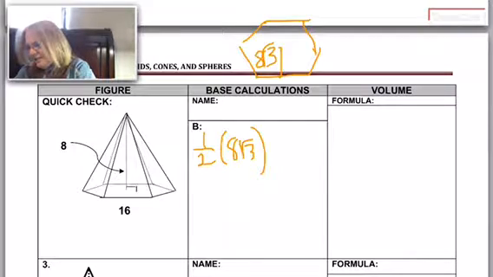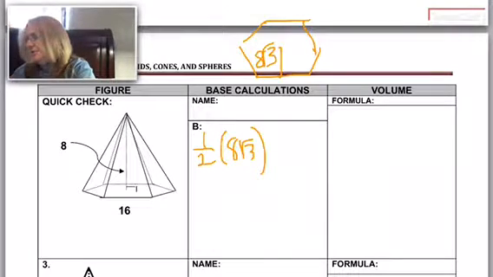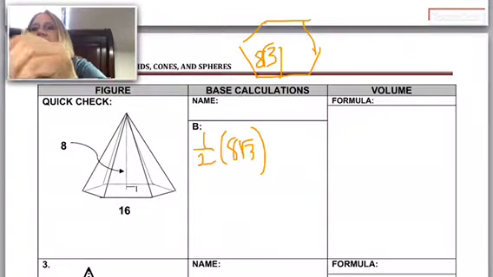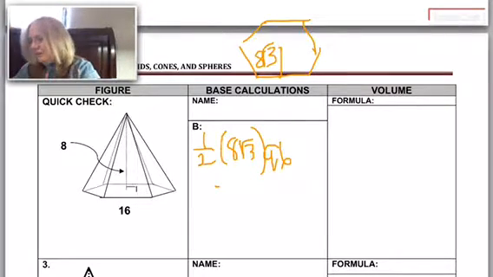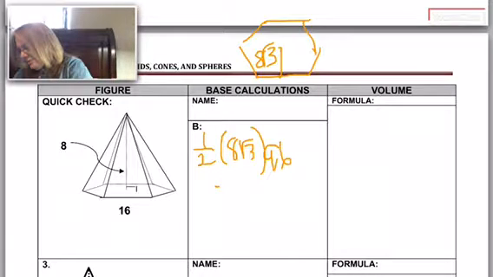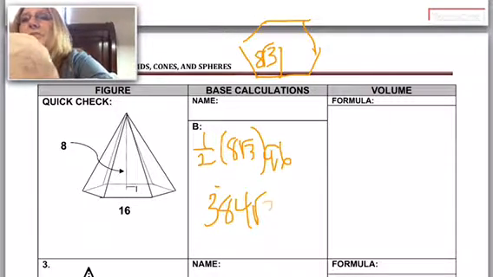So 16 times 6 is, I didn't do that right. 16 times 6 is 96. So this is 96 times 8 divided by 2, 384 to the square root of 3.